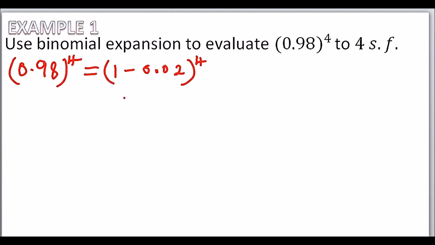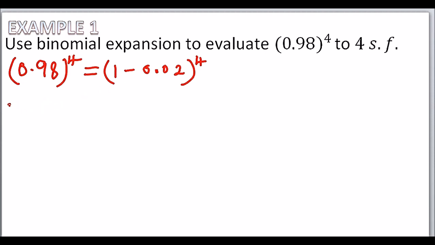Note here we have not changed anything, because when you subtract 1 minus 0.02, you still get 0.98. So we are writing it in this form, so we can now use binomial expansion to help us solve this.